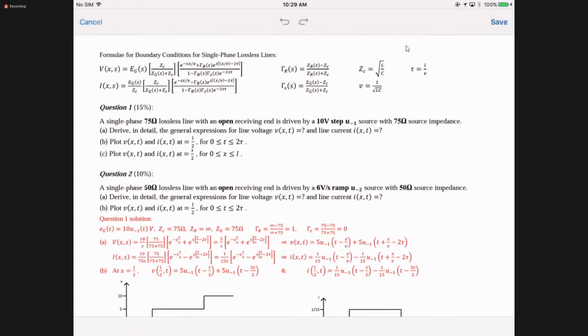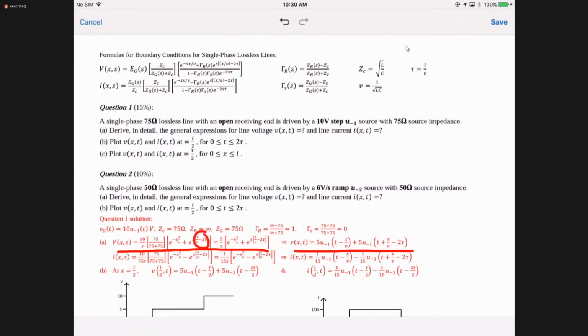Now use this equation. Just plug it in: step of 10, characteristic impedance, source impedance, and so on. Now it's changing from frequency domain to time domain.